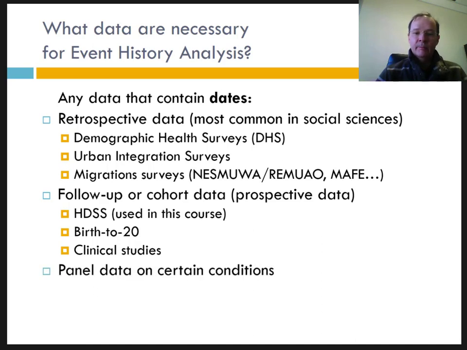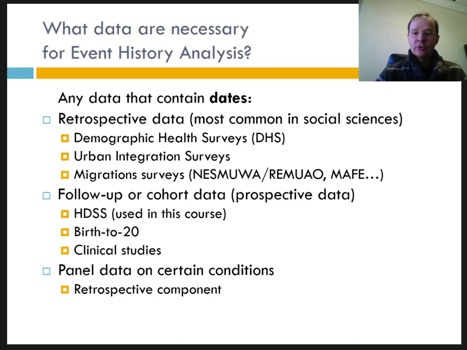Lastly, we have panel data. Remember, we said that panel data are not longitudinal data because they do not usually record dates of change. However, some panels do record dates of changes. For that, the data collection has to include some sort of retrospective component, as in follow-up or cohort data collection.